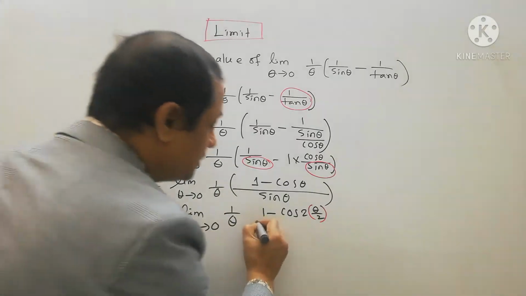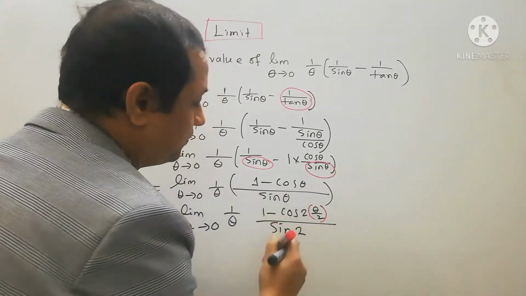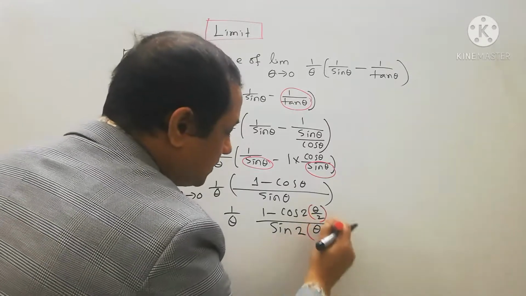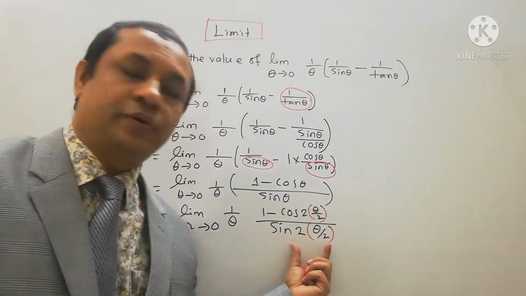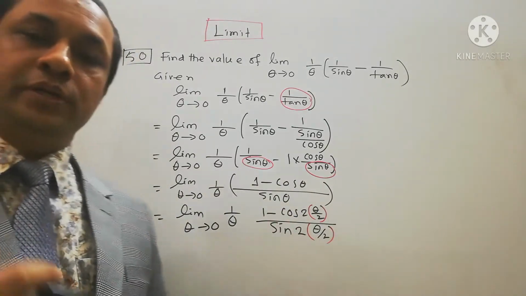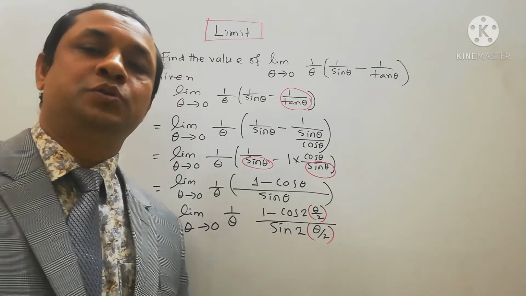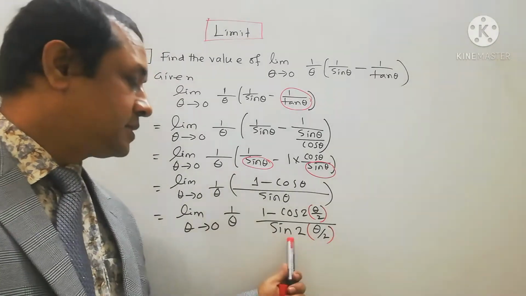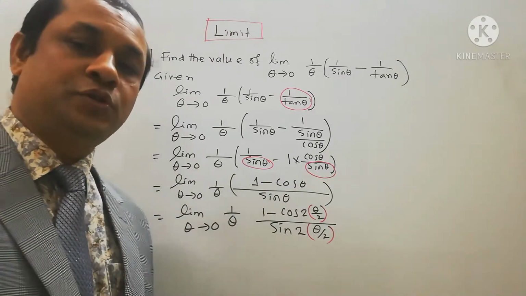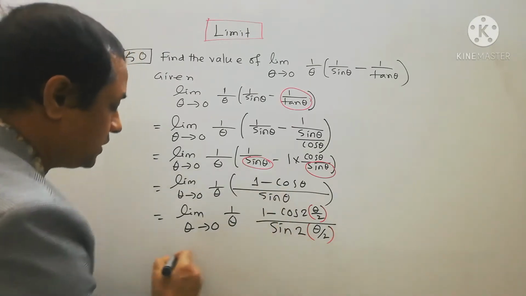So the denominator will be sine 2 into theta by 2, because here using the formula sine 2 theta. You know that 1 minus cos 2 theta equals 2 sine square theta and sine 2 theta equals 2 sine theta into cos theta. So memorize it, student.